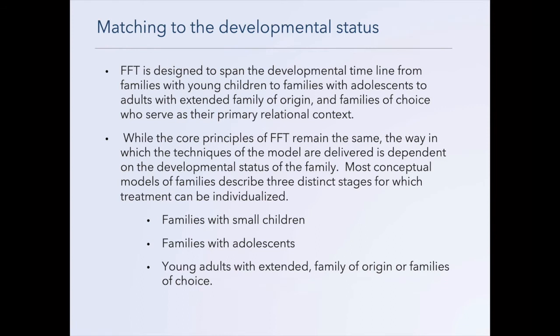Now, the core principles of FFT stay the same regardless of where they are in the developmental spectrum. So with small children, we're still doing an alliance-based intervention with the same that we're doing with adolescents and with young adults. But what changes, again, is the way you deliver FFT-TCM and the topics you may focus on to do that.